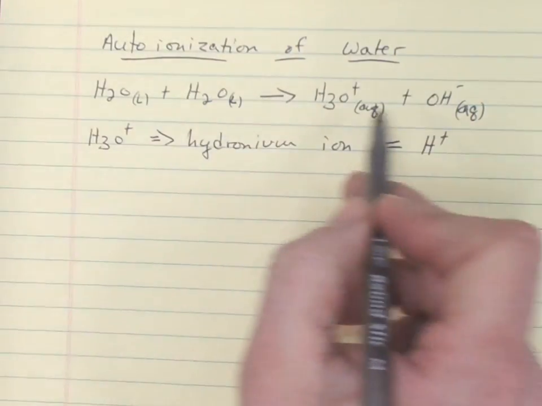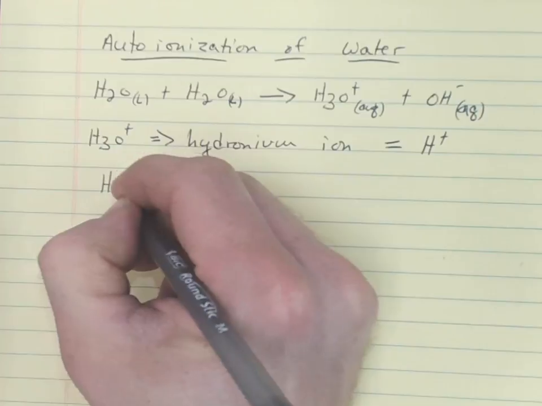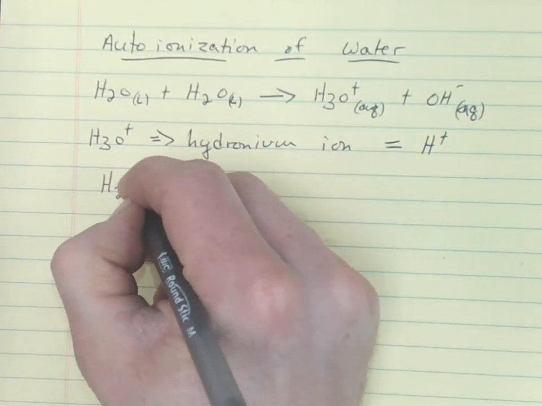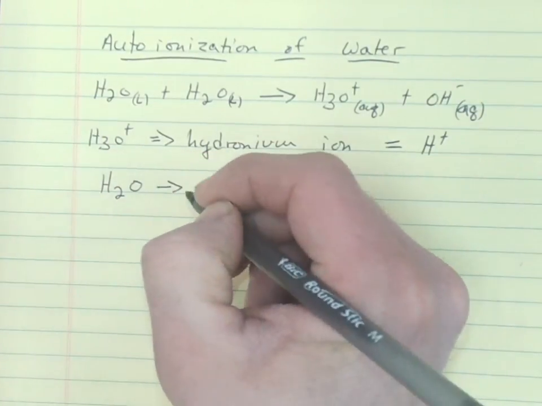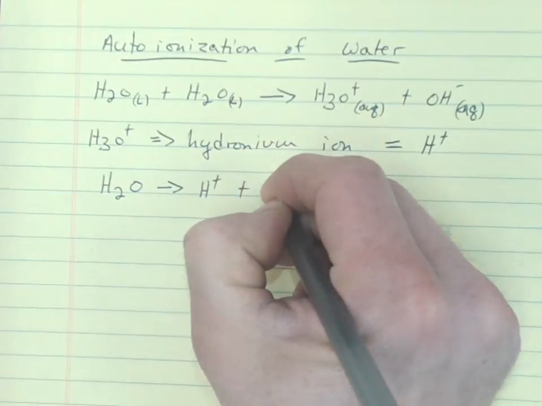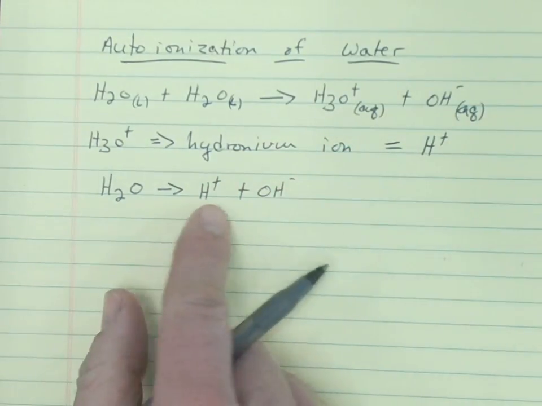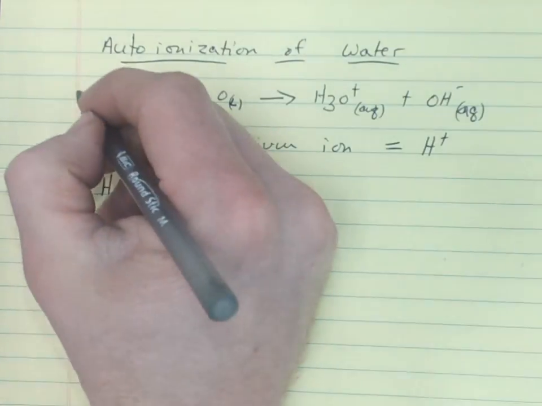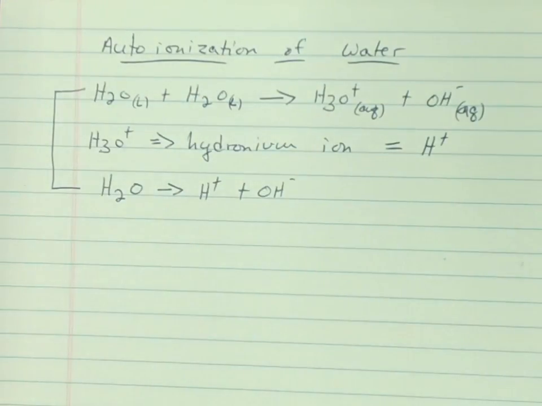Now, this autoionization equation sometimes can be represented like this, and it just shows the breaking apart of water into H plus and OH negative. So these two are really expressing the same equation.